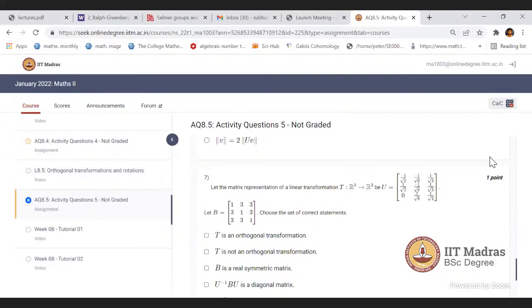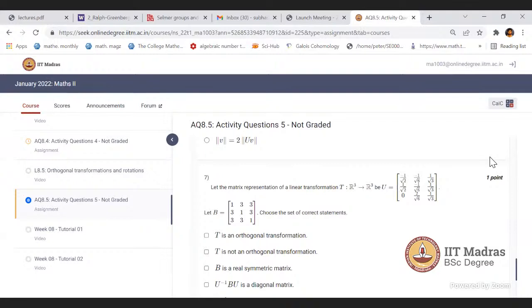Just like in your normal linear transformation, if you have a matrix, you cannot simply say that T of X is A times X unless you are getting that matrix with respect to the standard ordered basis. Similar thing happens here.